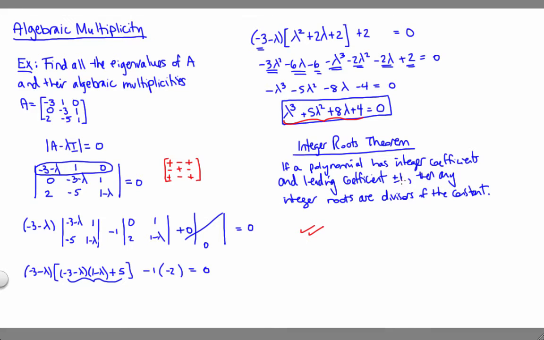So we can apply this theorem, and that tells us that any possible integer roots would have to be divisors of 4. So we could have either plus or minus 1, plus or minus 2, or plus or minus 4 as the possible integer roots.